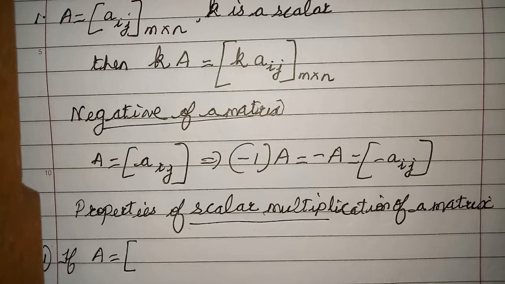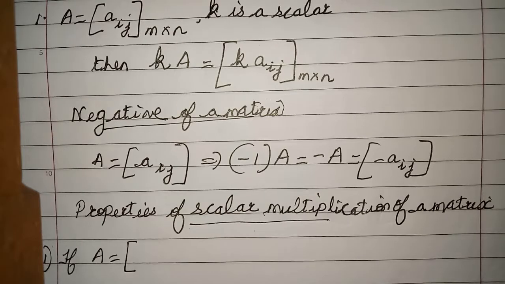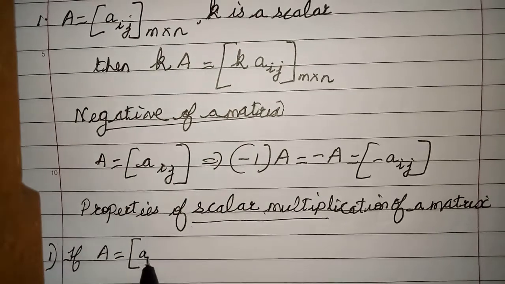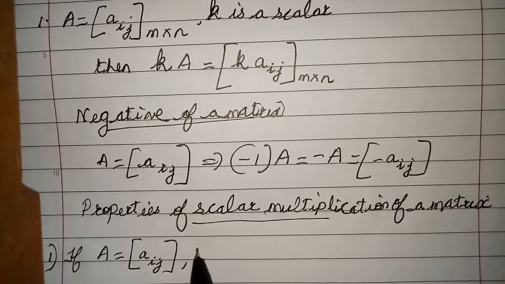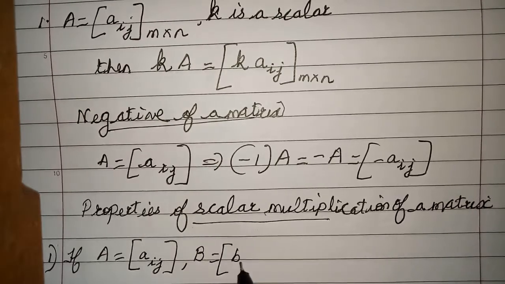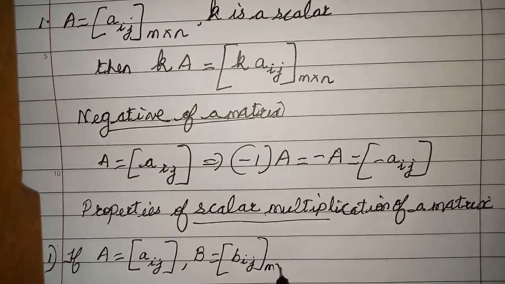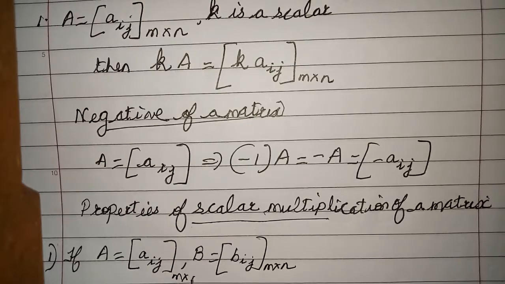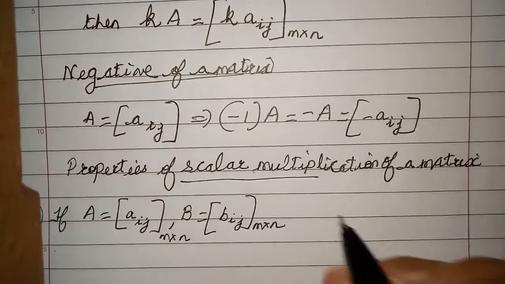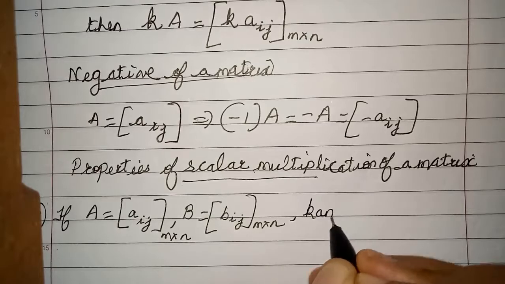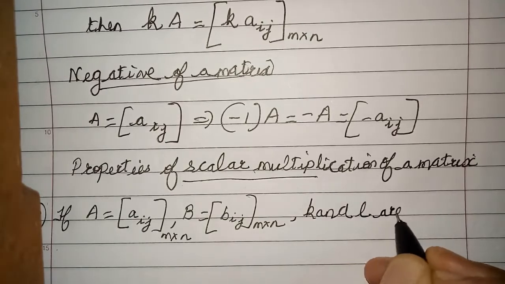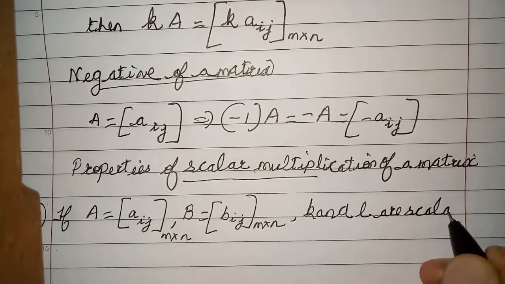So when you are operating on two matrices, always keep in mind that whether it is addition or multiplication or whatever it is, or comparing whether they are equal or not, the first and foremost thing is they should be of the same order. So I have A equal to Aij, I have B equal to Bij. Its order is m cross n, same order I am giving, m cross n. And I have k and l as scalars. Scalars means some constants.